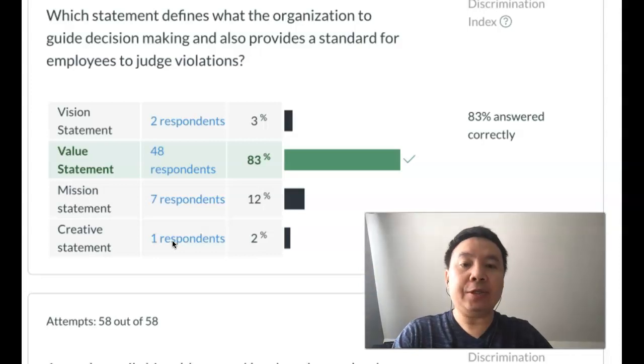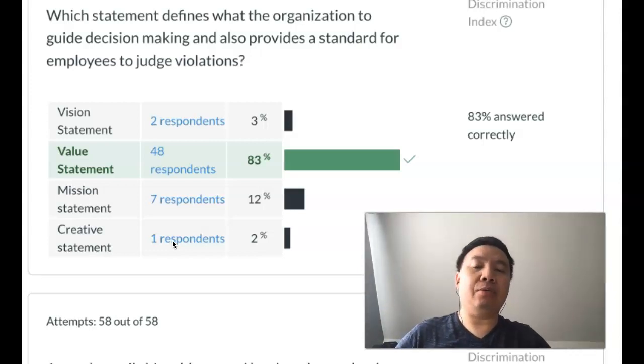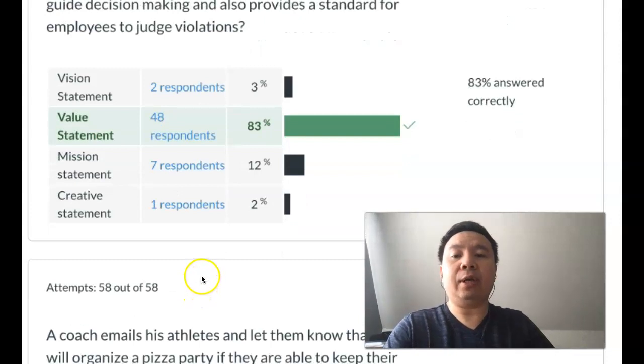The vision statement lets people know what the organization will become in the future. The value statement shows the basic principles all employees have to follow. So when we make decisions, we need to think about the values of the organization and make sure every decision we make follows these values we developed for the organization.